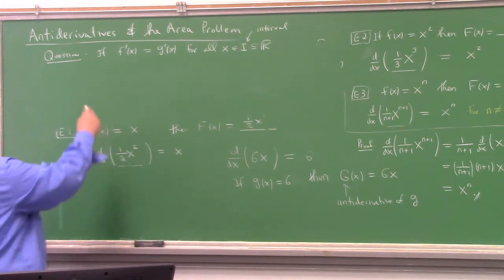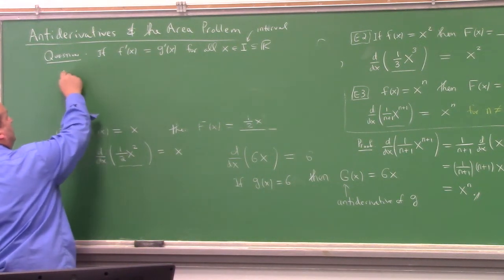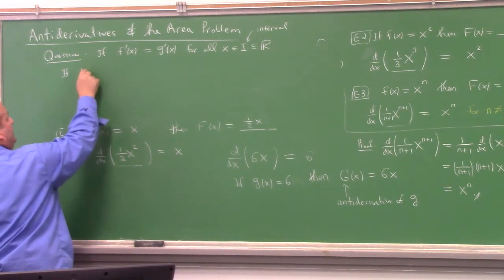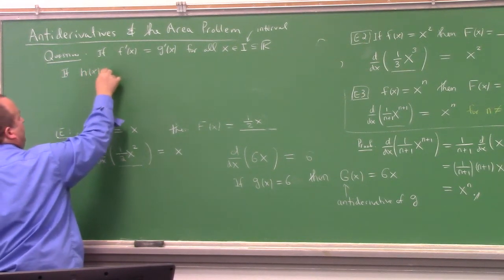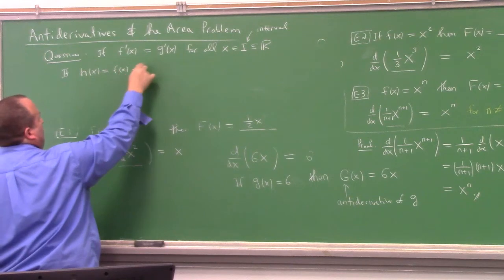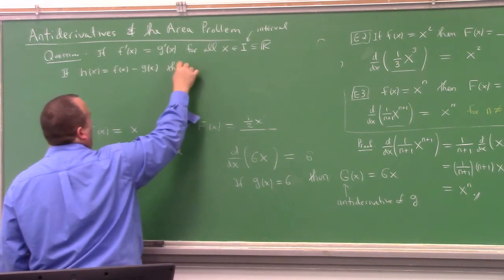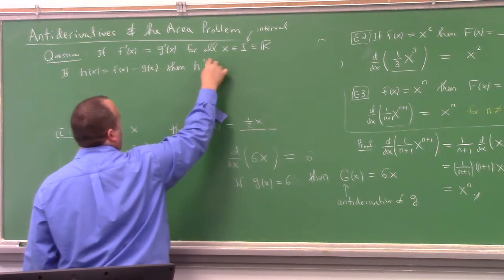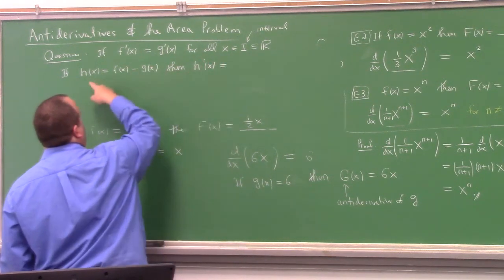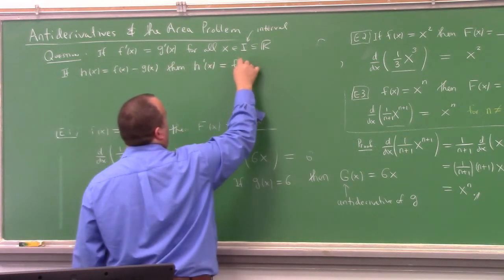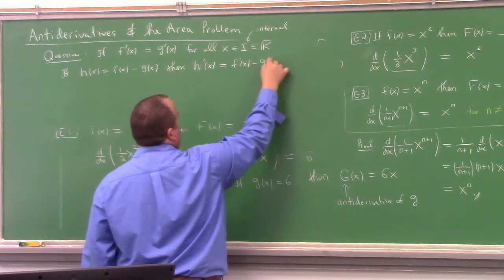So notice that if h of x is equal to f of x minus g of x, then what's h prime of x? It would be f prime of x minus g prime of x.